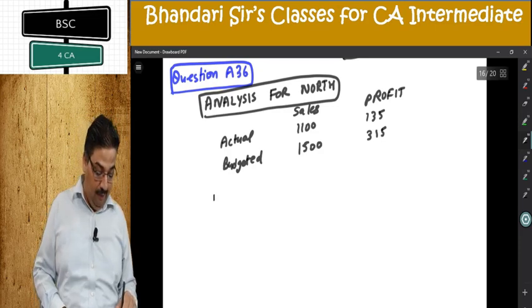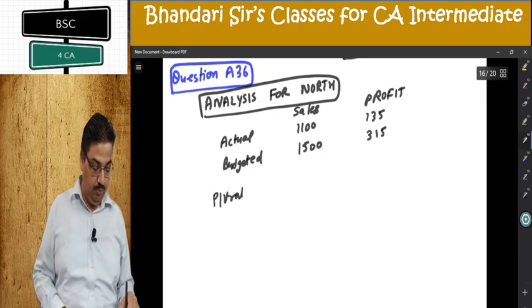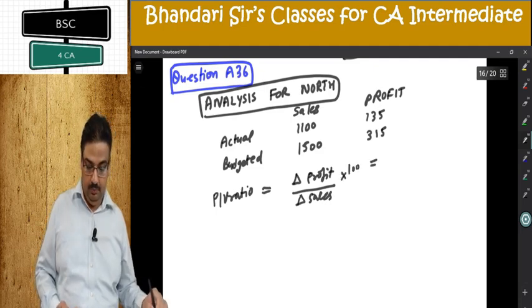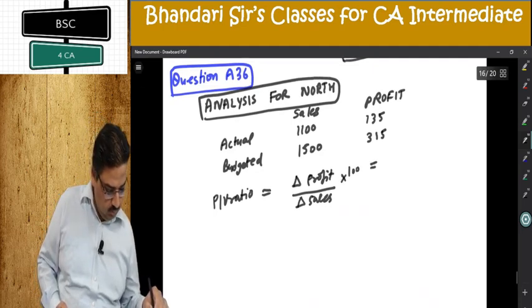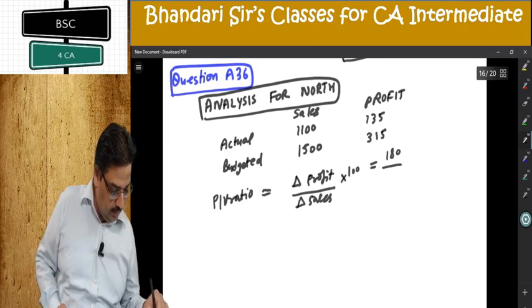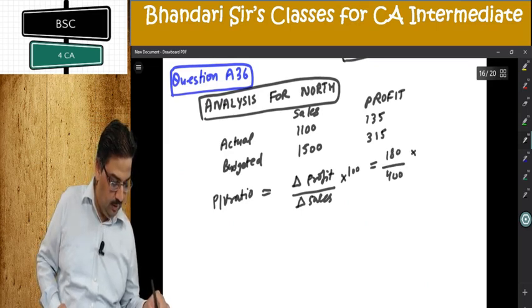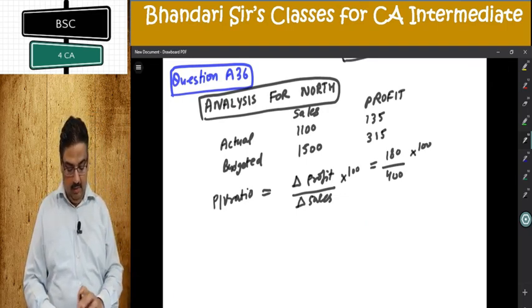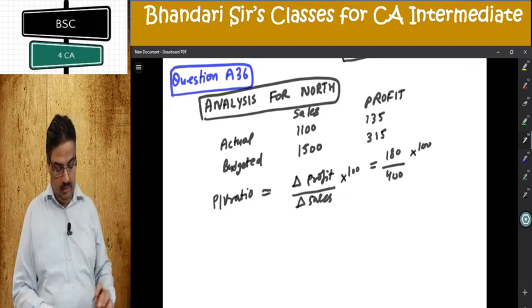Now apply the formula for PV ratio: change in profit by change in sales into 100. This is 180 divided by 400 into 100. 180 divided by 400 is 45%.